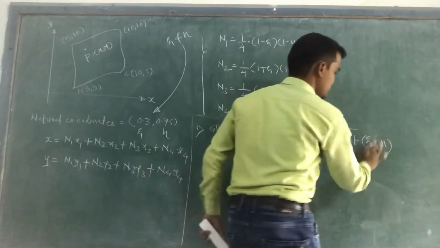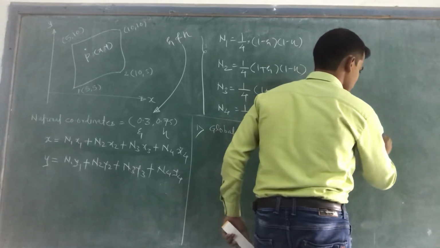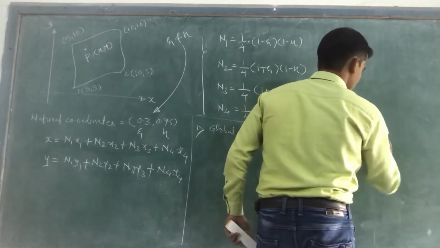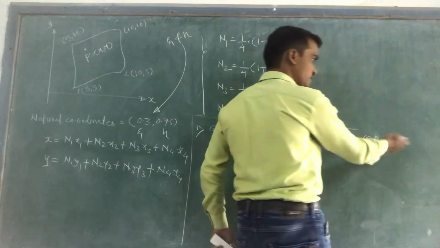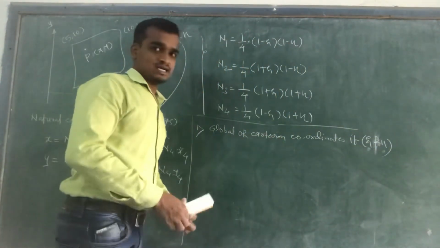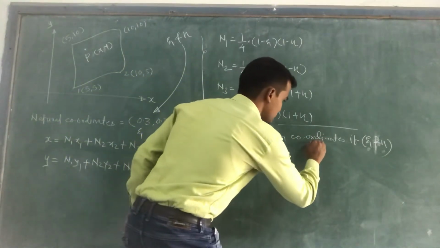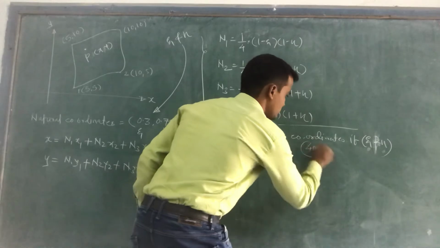Okay, if zeta and eta values are given, then find the global or Cartesian coordinates. And such categories will be asked for 4 marks.